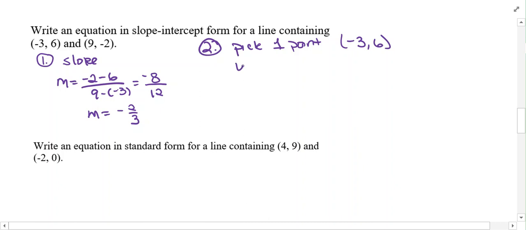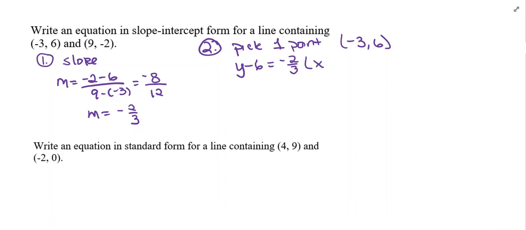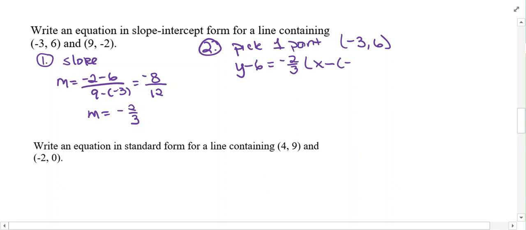So I'm going to do y minus 6 equals -2/3 times x minus a -3. So I have y minus 6 equals -2/3 times x plus 3. Distribute the -2/3.